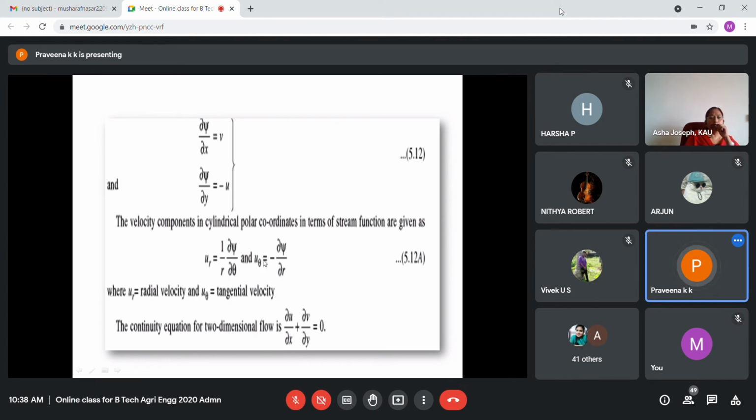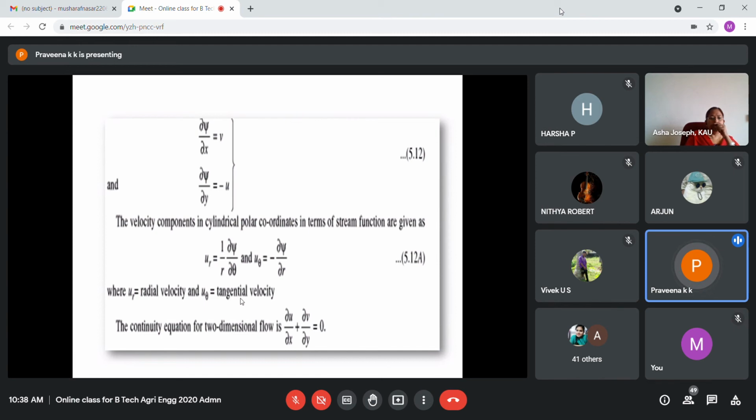Then the velocity acting tangentially, u theta, will be equal to negative dou psi by dou r. Here u r is the radial velocity and u theta is the tangential velocity.